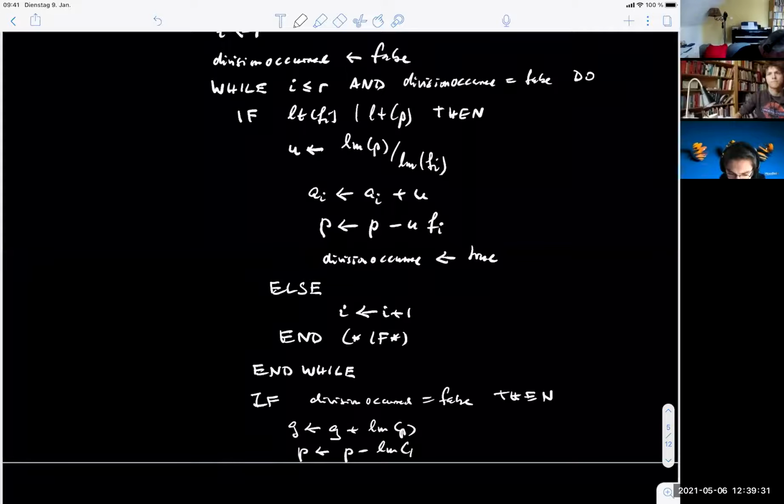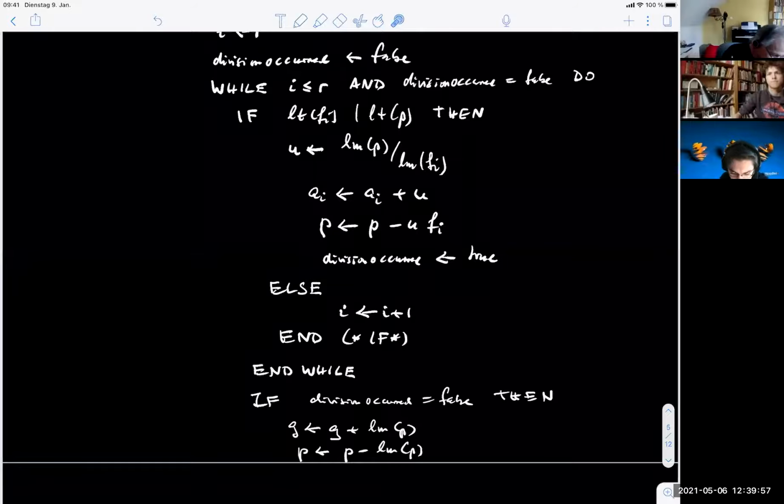I hope I can explain why this is the case. In a way, I had my P and I was not successful in removing its leading monomial. Then I take it away and say, you will be part of the remainder. That's why I add it here.